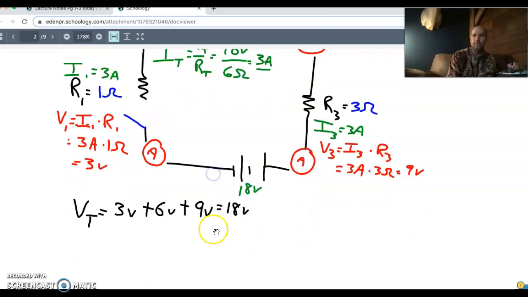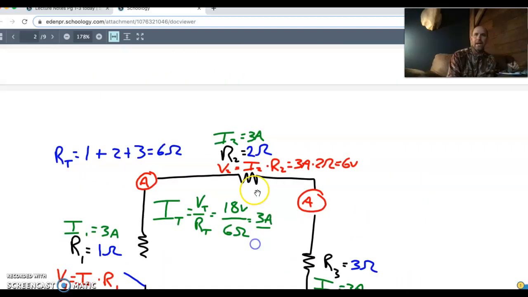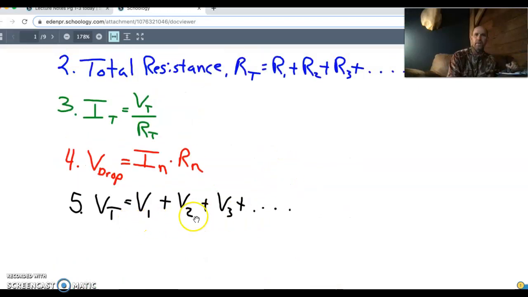And lastly, the last thing, it's not necessarily a characteristic, but it's more of a check for you. The total voltage in a series circuit is the sum of all of your voltage drops. It's a way for you to go back and check your work.